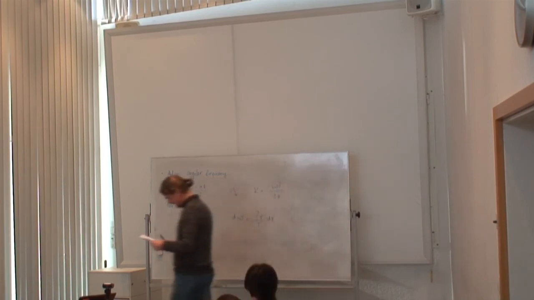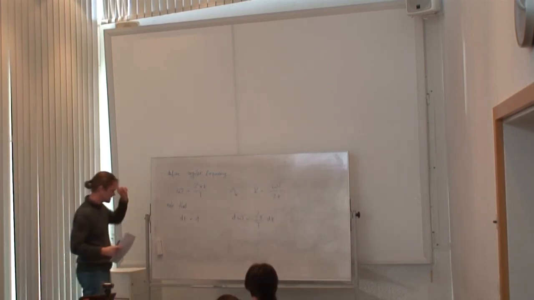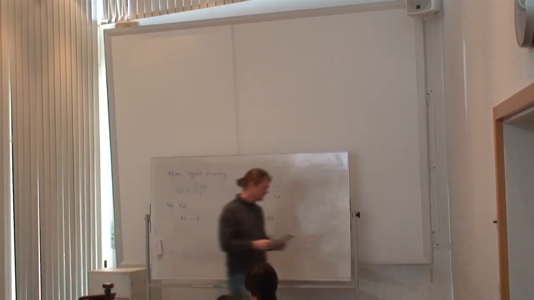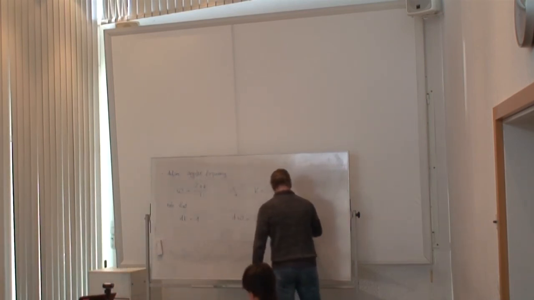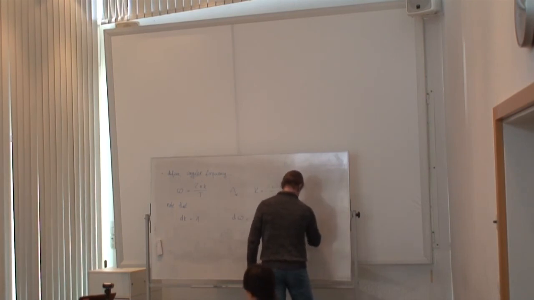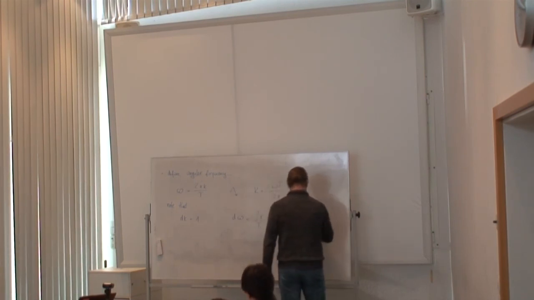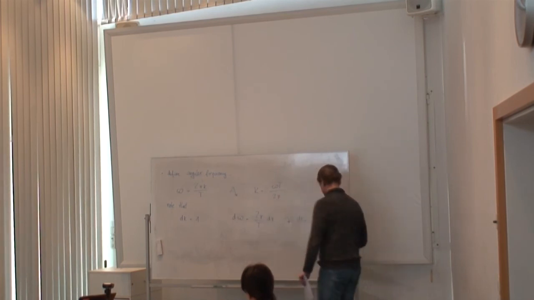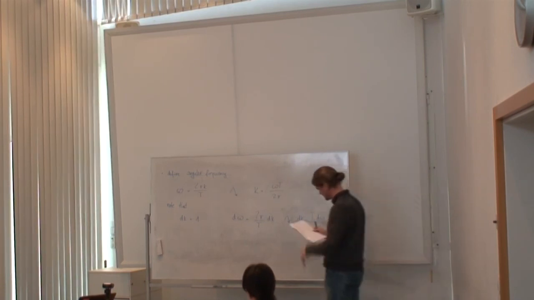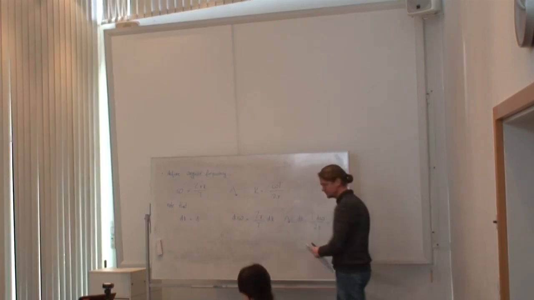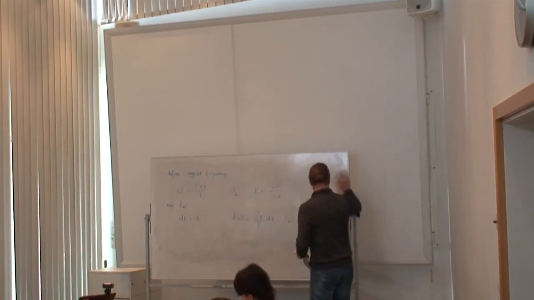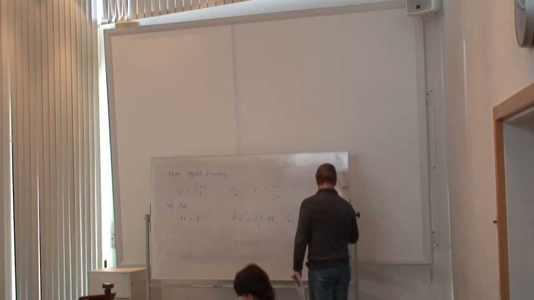And I just said dk is 1. So this is to say that dk is T times d omega over 2 pi times 1. Well, this is 1.